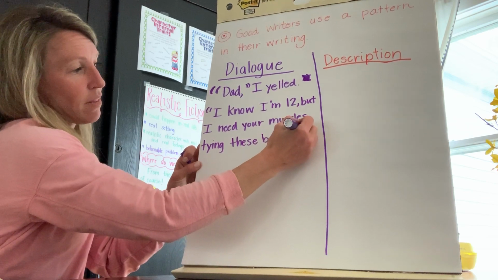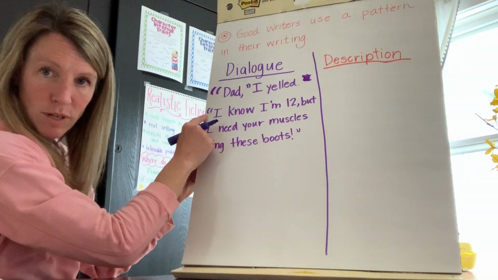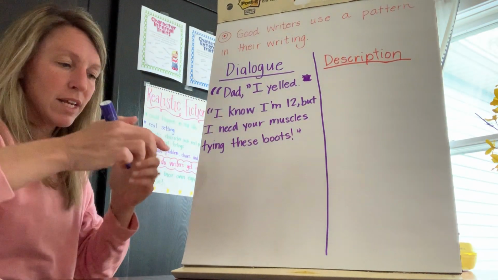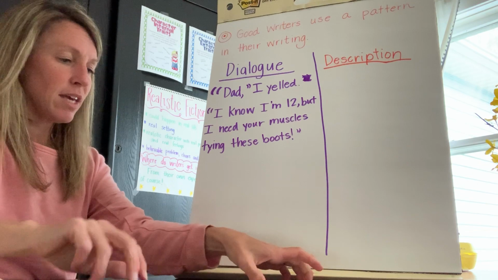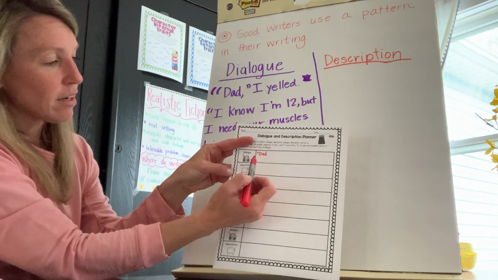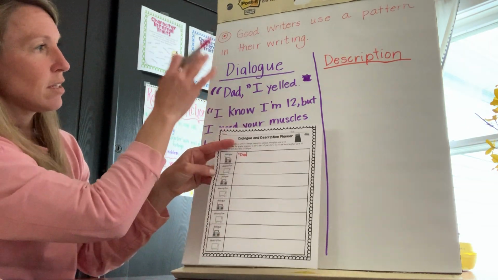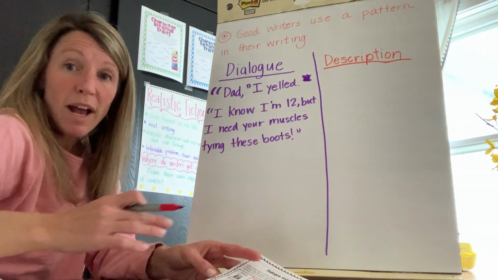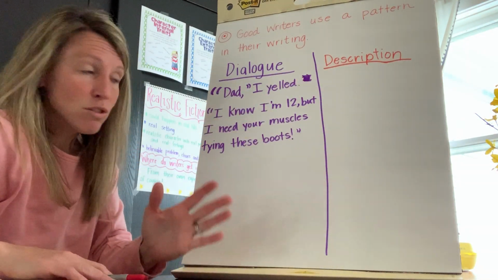Okay, if I'm saying that, the beginning of what I say is quoted and the end. So you put it right in the middle there. So I would write that here where it says dialogue. That's my first dialogue. Now the description, I could describe my snowboarding boots.